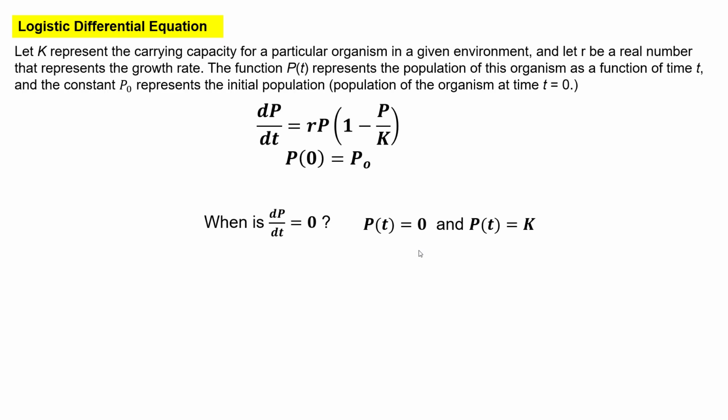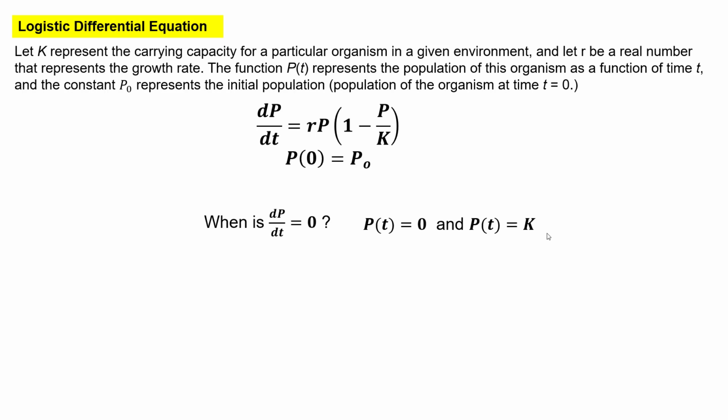The right side is equal to 0 under two conditions. We're assuming R is never 0. So when P of t equals 0, the right side is equal to 0, which means you have reached extinction.